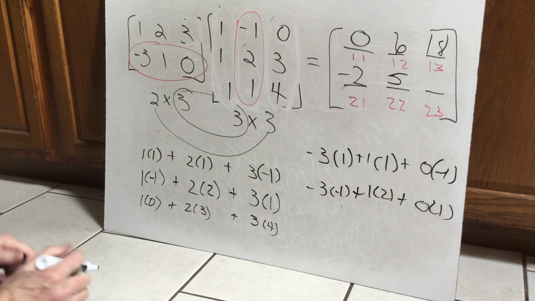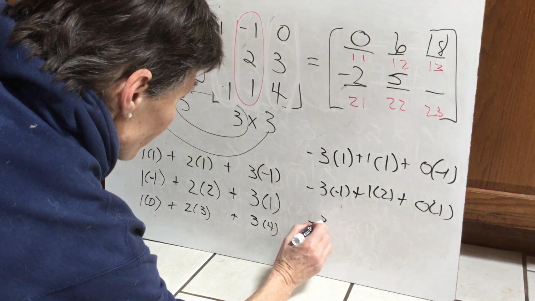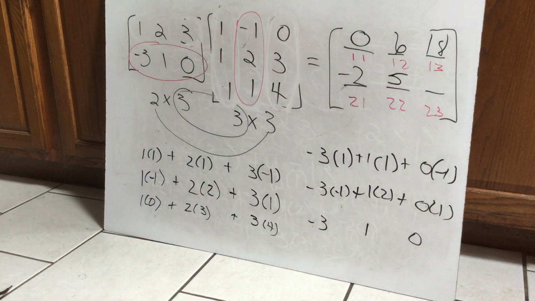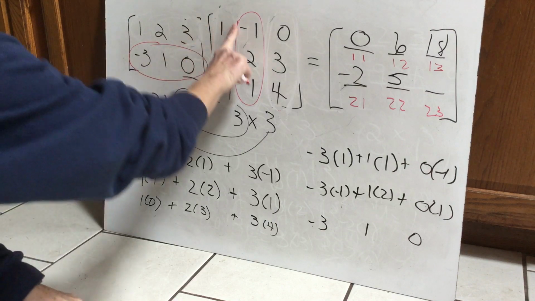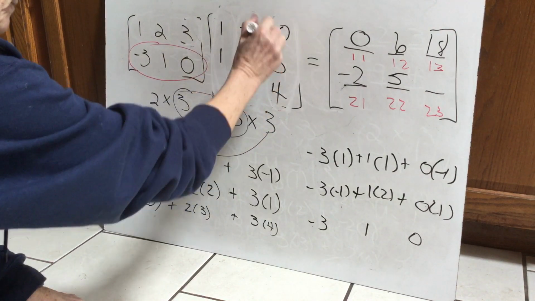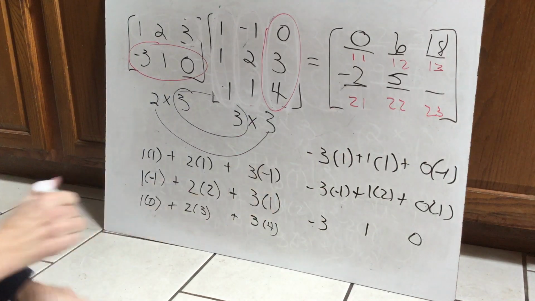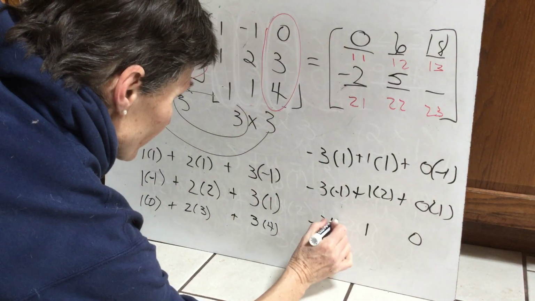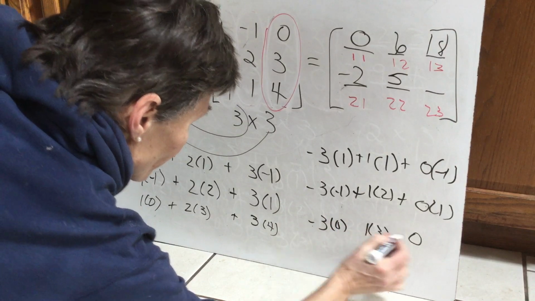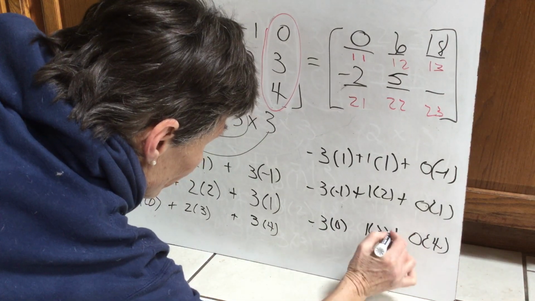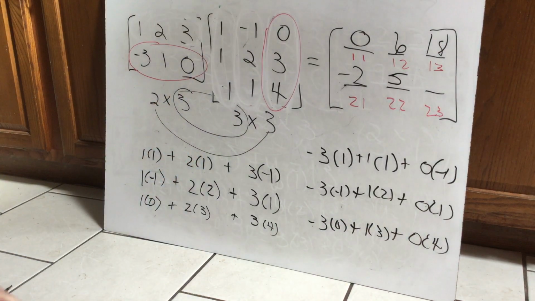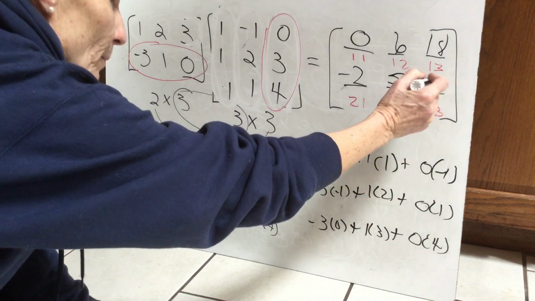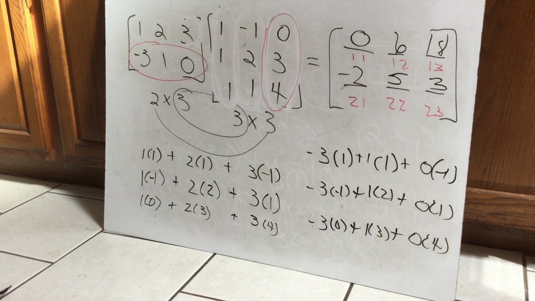And finally, one more. We need the second row and then the third column, which is 0, 3, 4. So 0, 3, and 0. So that number is just a 3.